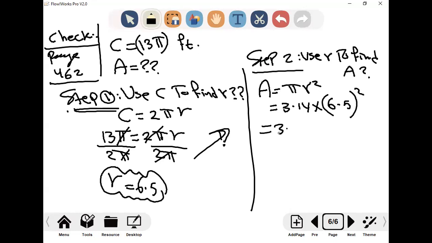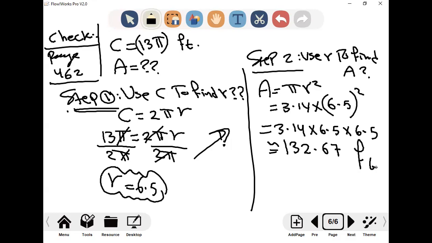This equals 3.14 multiply 6.5 multiply 6.5, multiply these three numbers. The answer will be 132.67 rounded. The unit is what? Feet to the power of 2.